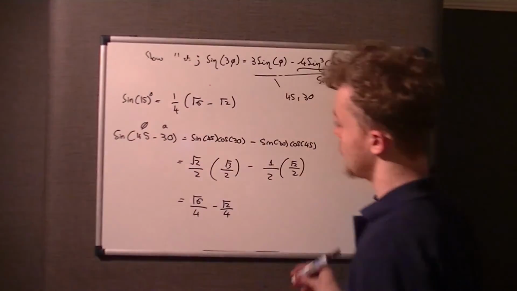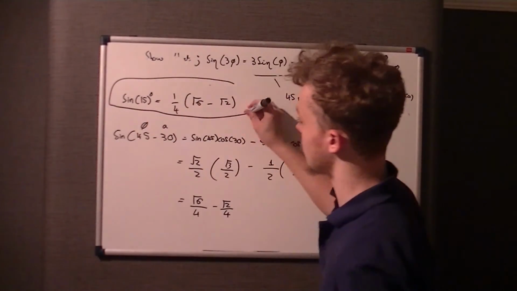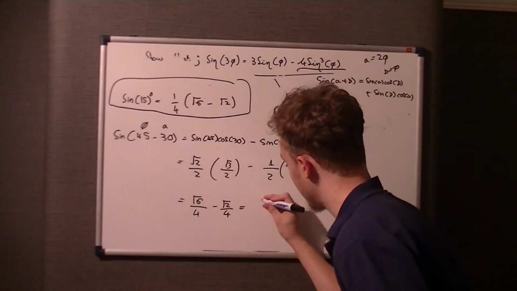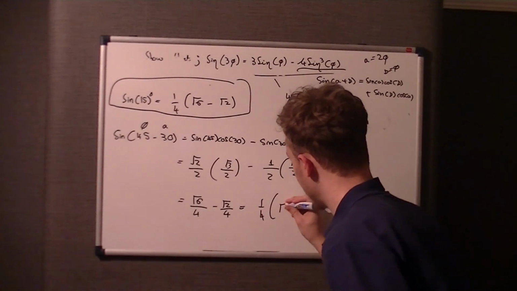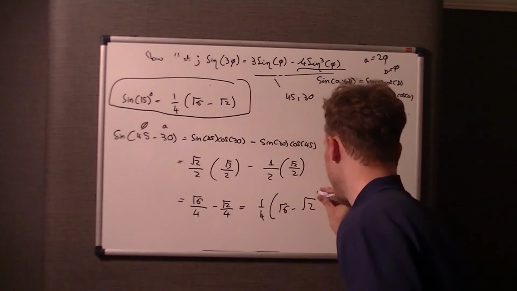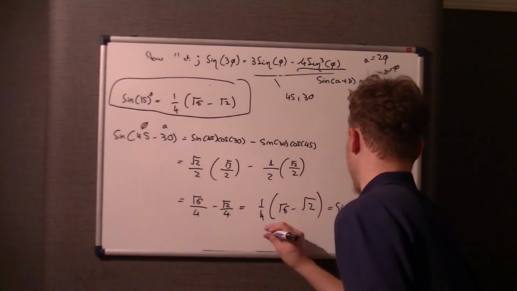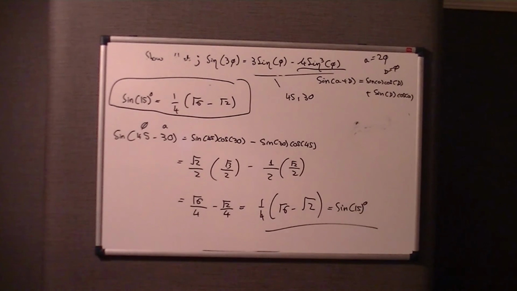Because it wants sin 15 equal to a quarter of that, you just take out a quarter as a common factor. So it's a quarter, and then √6 take √2, and that is equal to sin 15, if you hadn't written that already, and that is as required.